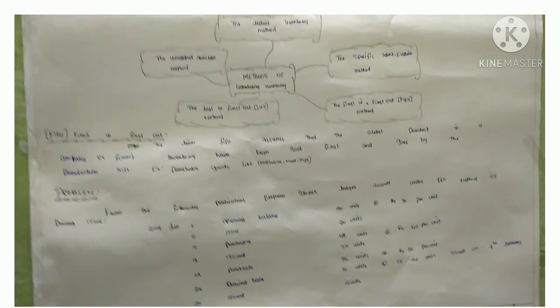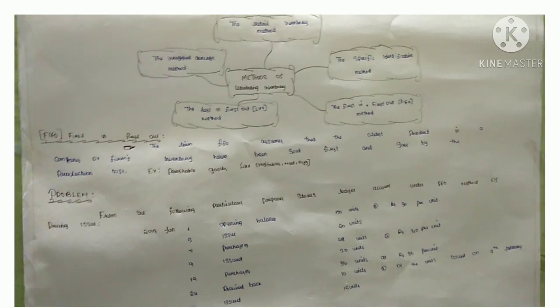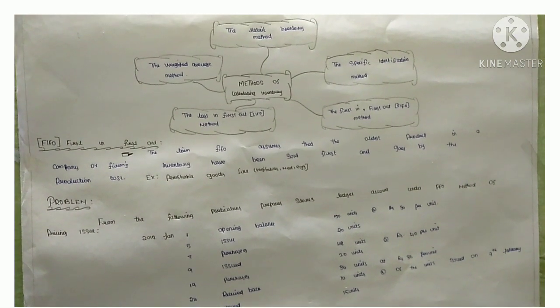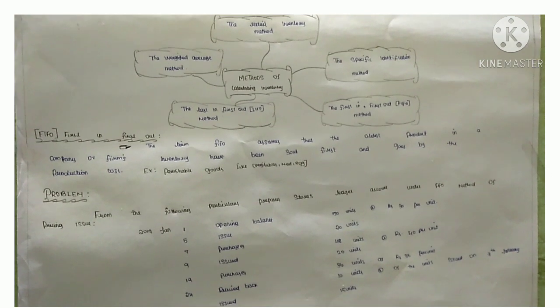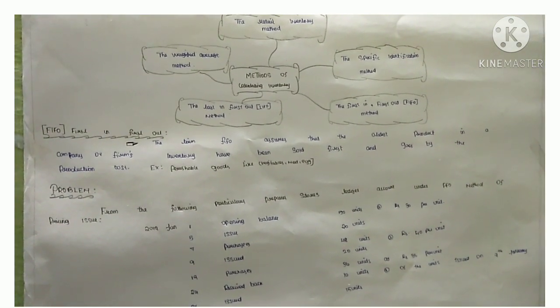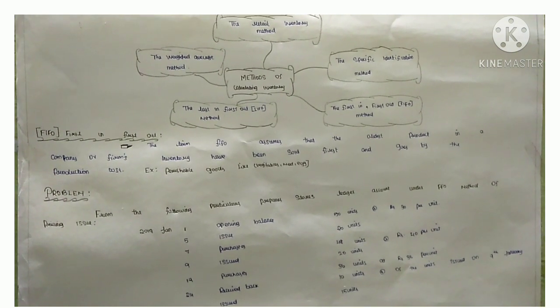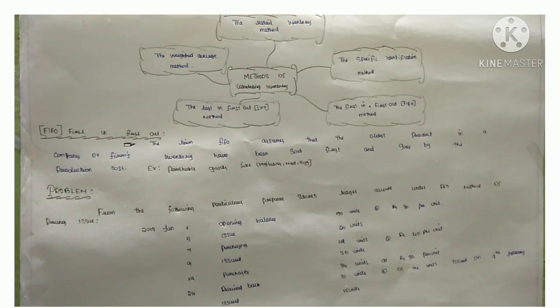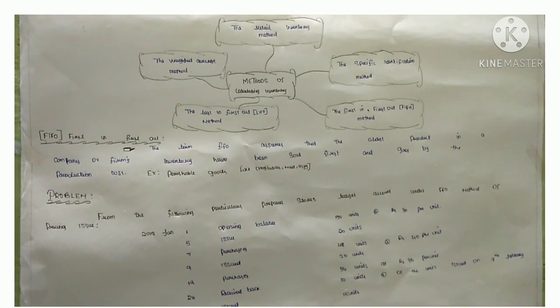I will explain in detail the first in first out method and solve one problem also. The term first in first out means the first purchase goes out first. FIFO assumes that the oldest product in a company's inventory is sold first and goes by the production cost.